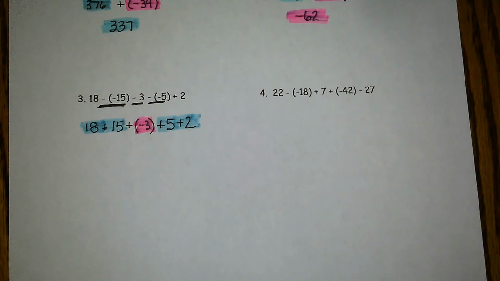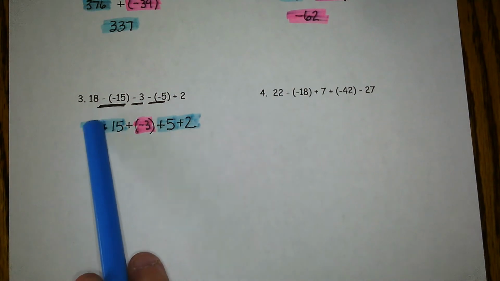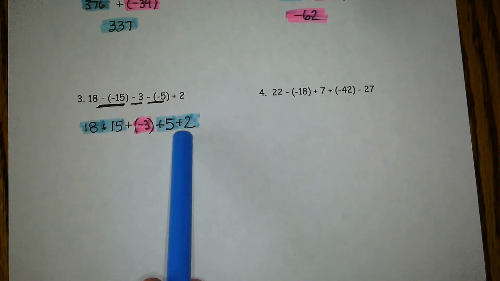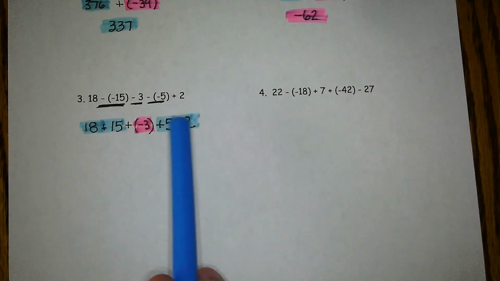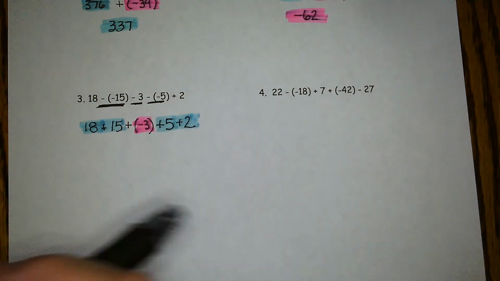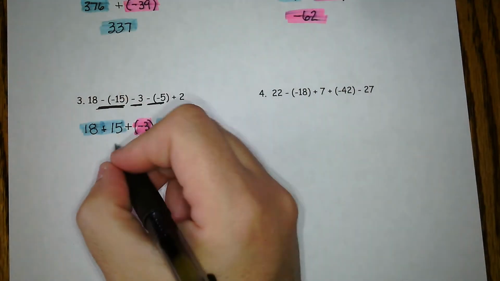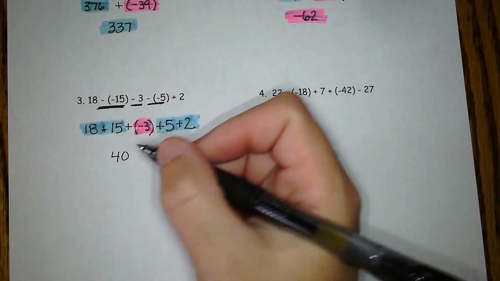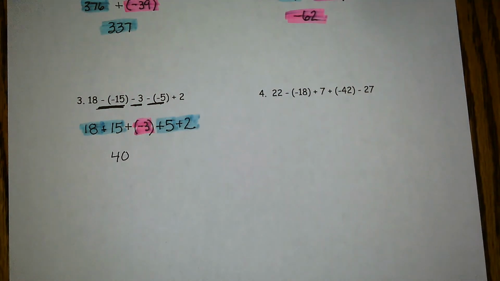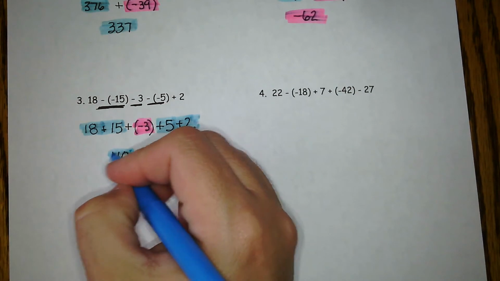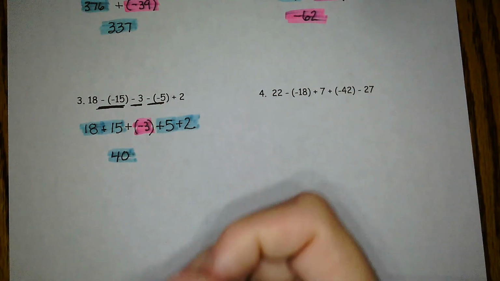So let's figure out how many positives we have on our team all together. Now remember, I told you, you can add in any order. And look what I see. 15 and 5 is 20. 18 and 2 is 20. That's going to give us 40 altogether. 40 positives. And then we're going to add that to negative 3.